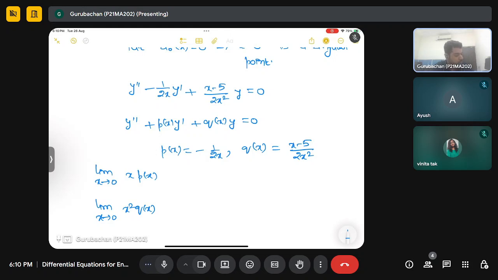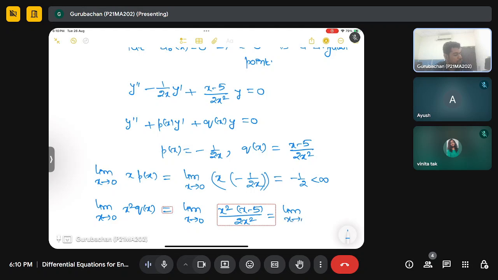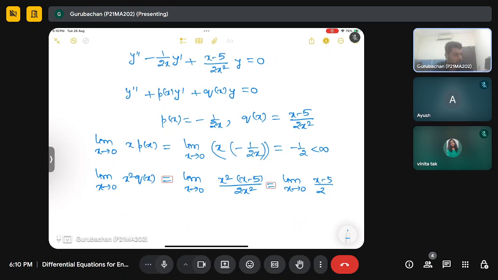Let me check the first one. The limit as x tends to 0 of x times (-1/(2x)) gives -1/2, which is a finite quantity. In the same manner, for x^2 times (x - 5)/(2x^2), the limit as x tends to 0 of (x - 5)/2 is a polynomial, and polynomials are continuous, so we can directly put the limit.